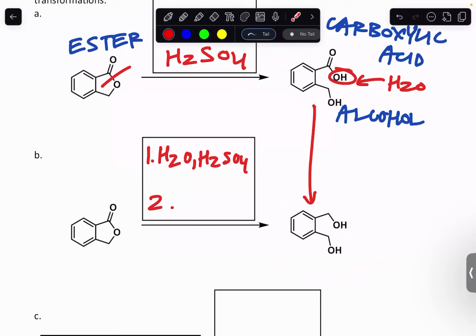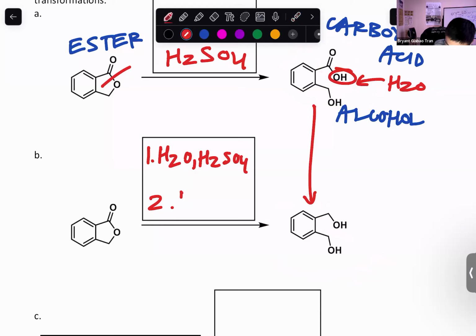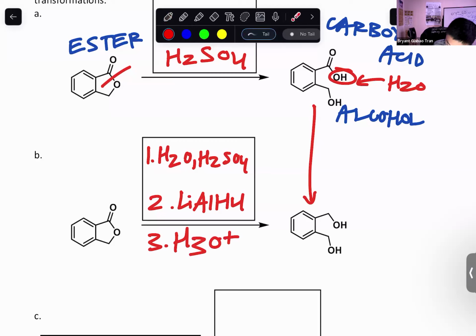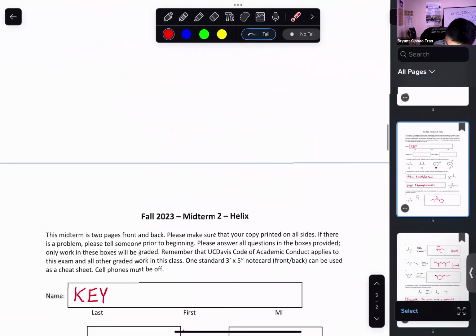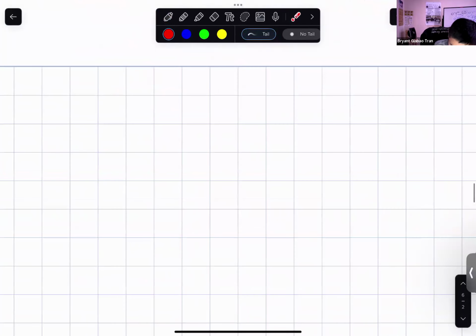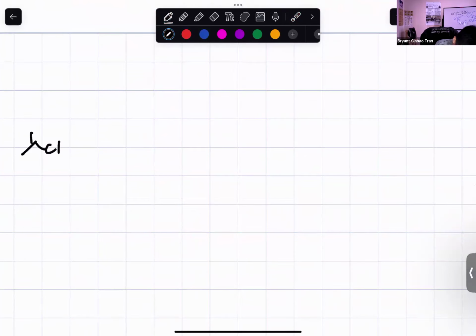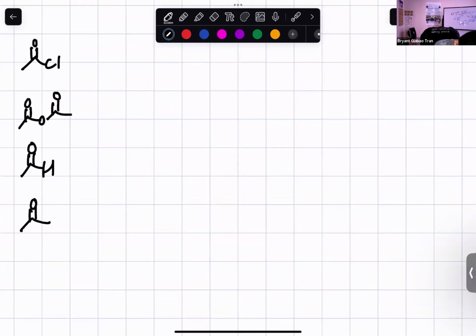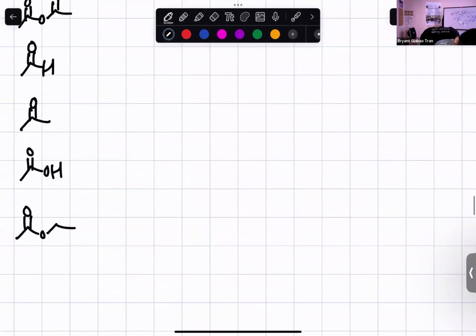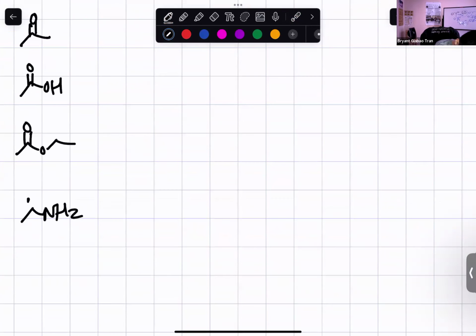No, I don't remember that one. This one would be lithium aluminum hydride, a reducing agent. Lithium aluminum hydride, LiAlH4, and you could have a second step of H3O plus, right? Where this is talking about the reduction table, where we have an acyl halide, anhydride, aldehyde, ketone, carboxylic acid, ester, nitrile, or amide.